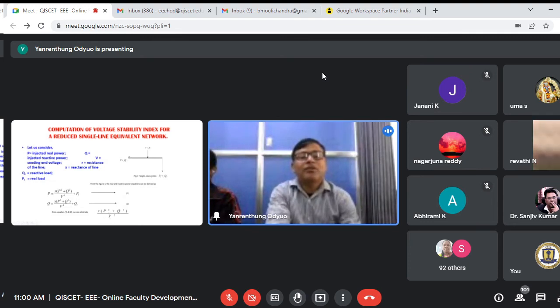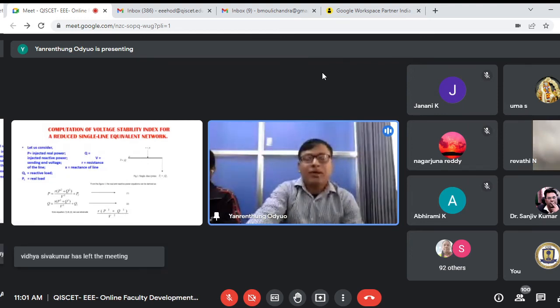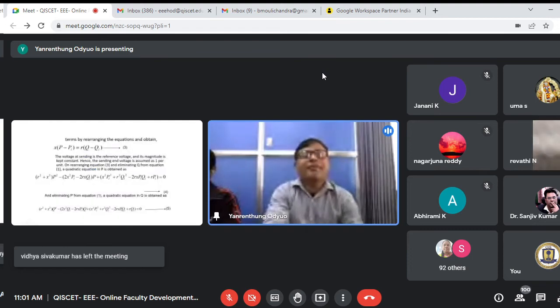So we can eliminate that R squared part. After that we can have an expression, so we can arrange that one. Now from that expression we can have some expression like 4.